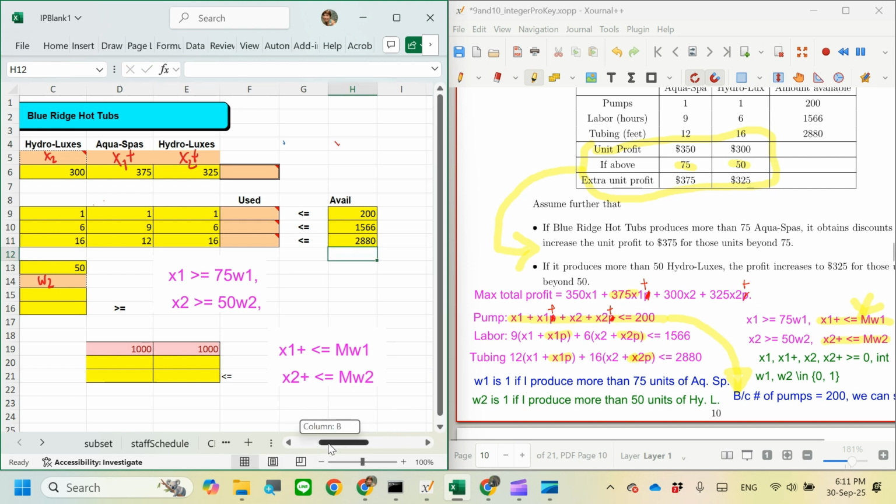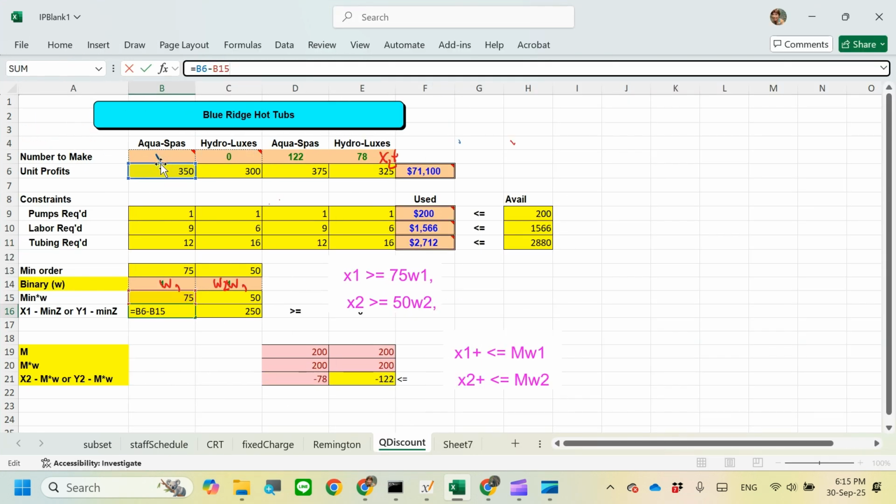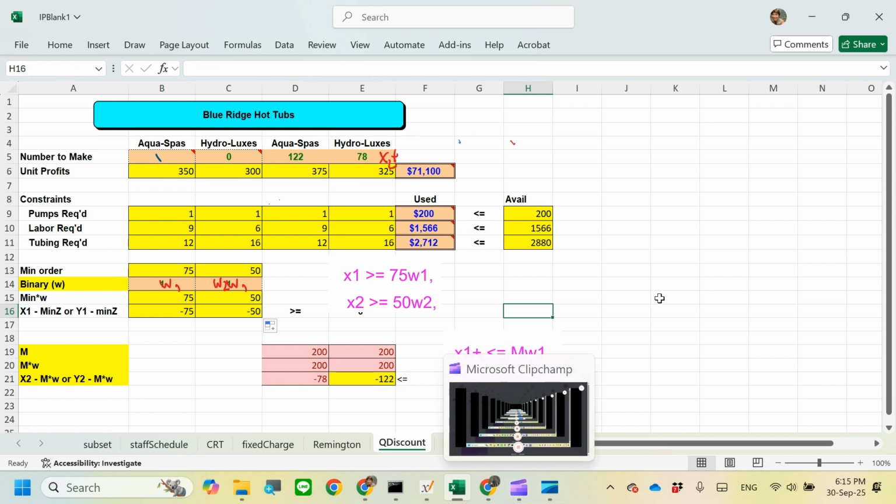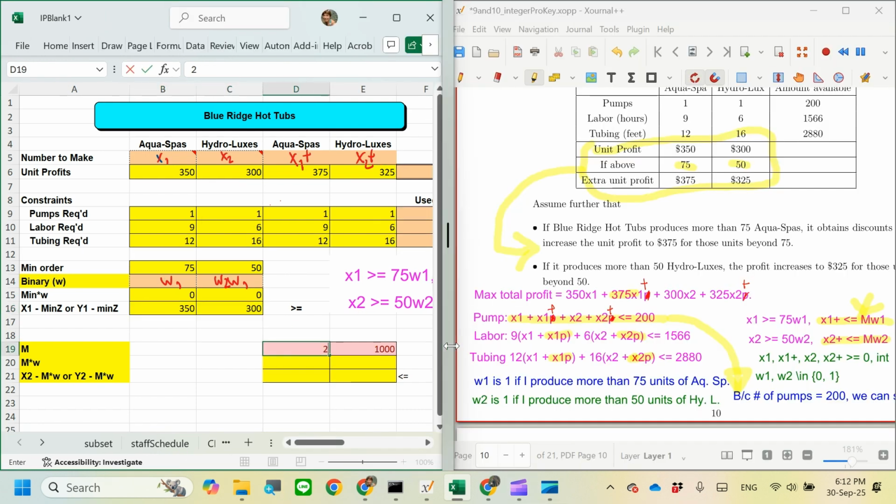Okay, and then we put our M. Actually, I'll just say M is 200.